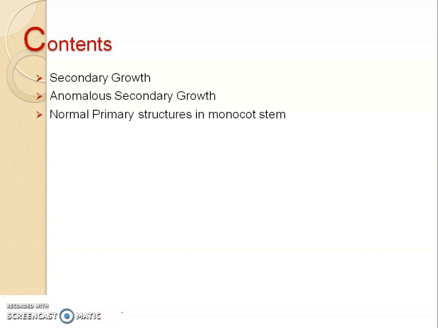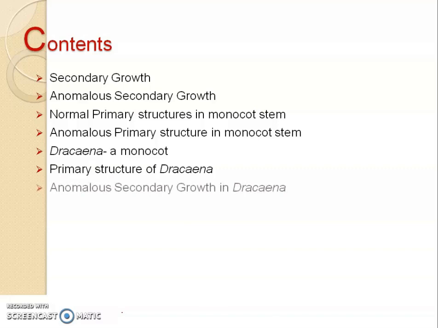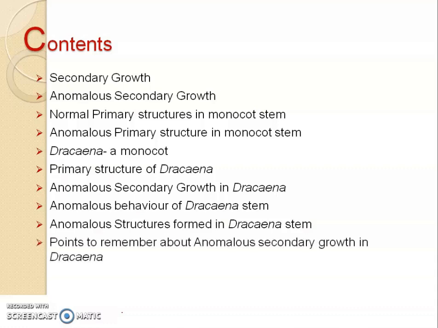The contents of this lecture are, first of all, the secondary growth, then anomalous secondary growth, normal primary structures in monocot stem, anomalous primary structure in monocot stem, about the Dracaena, which is a monocot, primary structure of Dracaena, anomalous secondary growth in Dracaena, anomalous behavior of Dracaena stem, anomalous structures formed in Dracaena stem, points to remember about anomalous secondary growth in Dracaena.